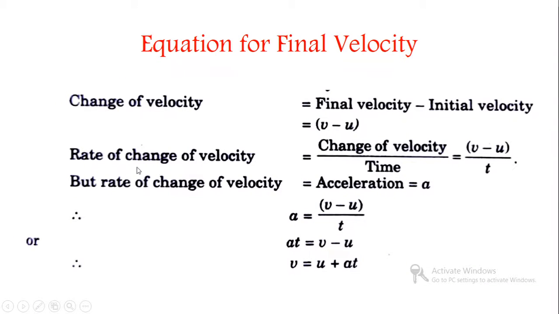Rate of change of velocity is equal to acceleration. Here, change of velocity divided by time. The change of velocity equals v minus u, so v minus u divided by time t. Since the rate of change of velocity is equal to acceleration, a equals v minus u divided by t.